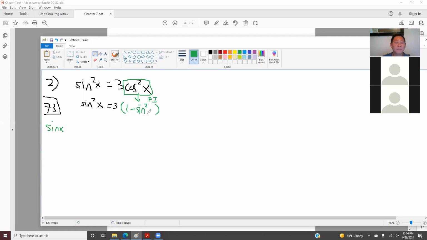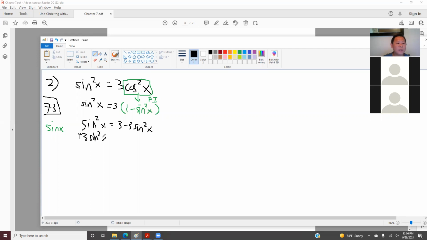Yep, that is correct. So what we do here is like solving equations. We distribute the 3, so we will get sine square x equals 3 minus 3 sine square x. Then, like equations, we want to make all the sine into one side, so I will add 3 sine square x here.